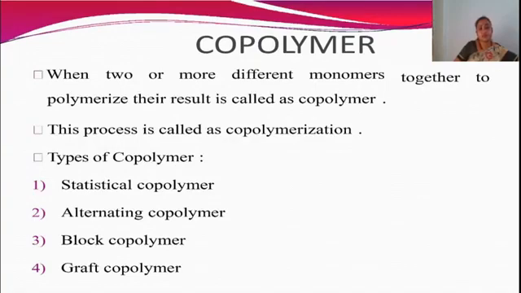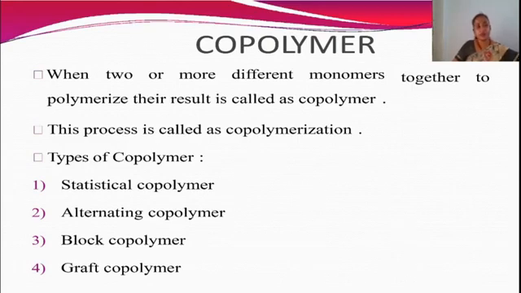Second one is a copolymer. When two or more different monomers polymerize together, the result is called as copolymer. Copolymer, as the name suggests, co means together.